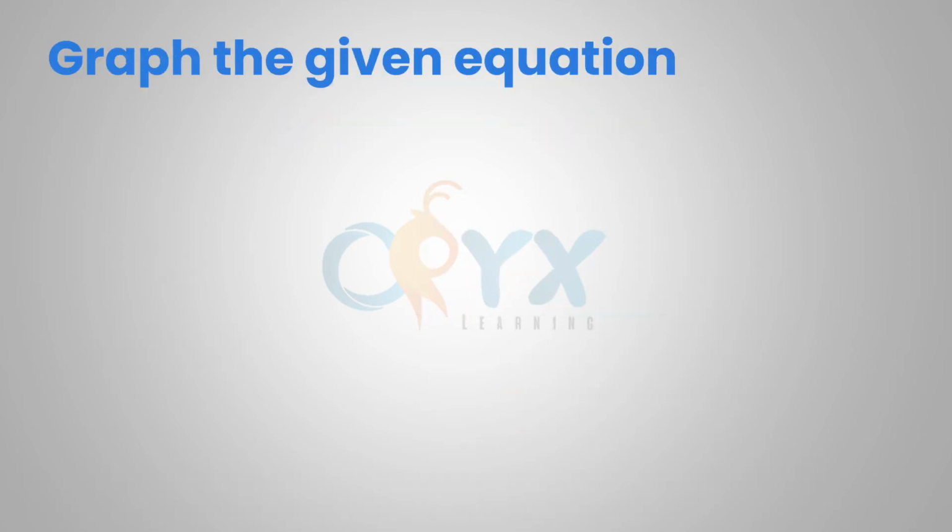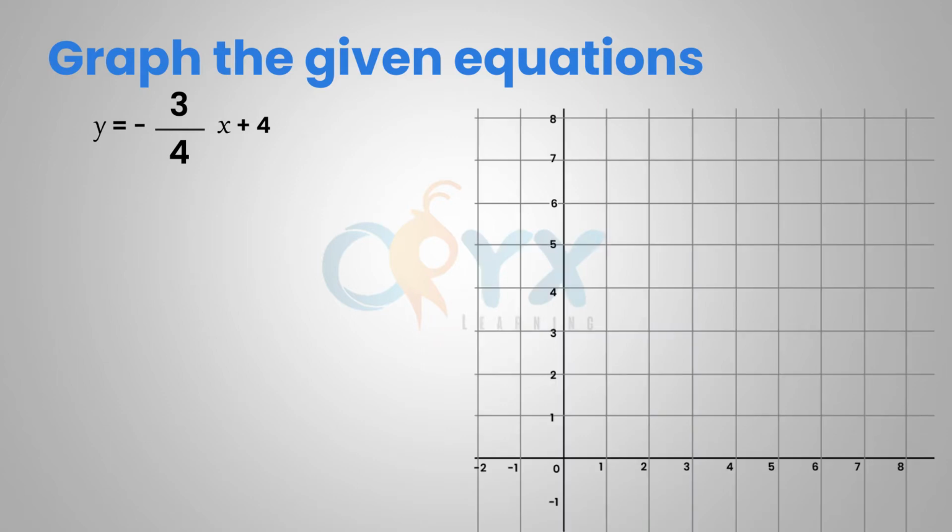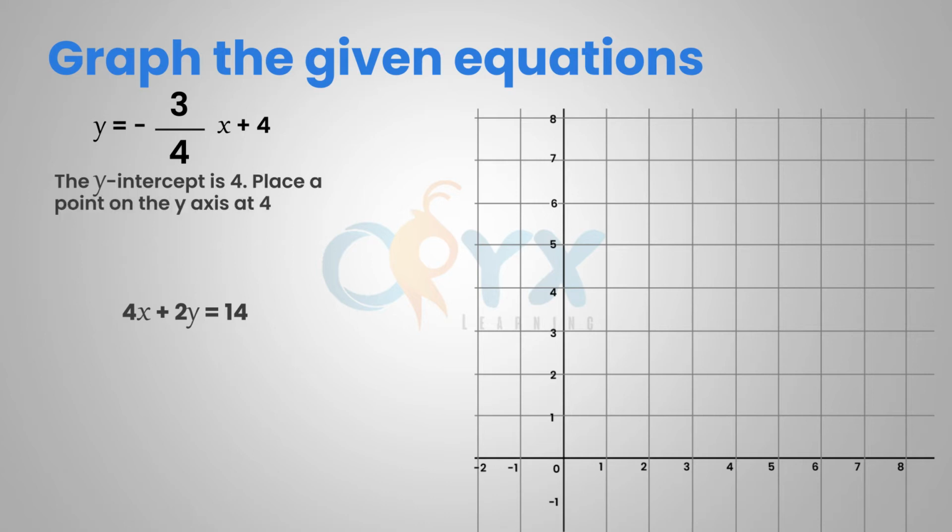Graph the given equations: y equals -3/4 x plus 4, and 4x plus 2y equals 14. The y-intercept in the first equation is the b value of 4, so you want to place a point on the y-axis at 4. So we go to the point (0, 4) and place our point.